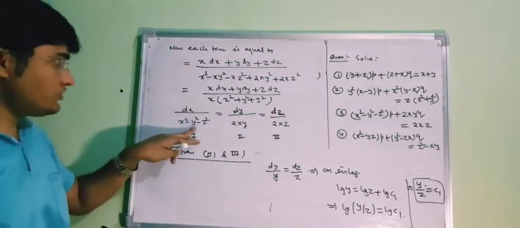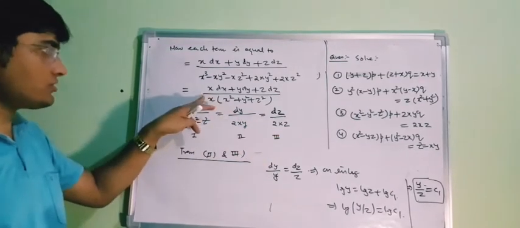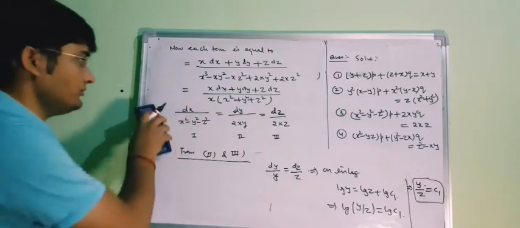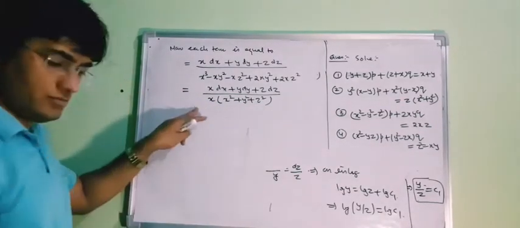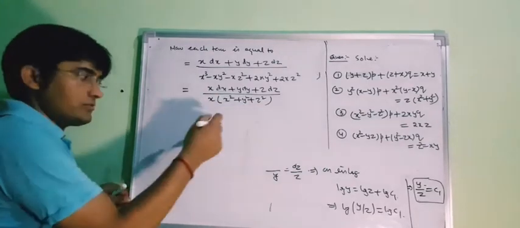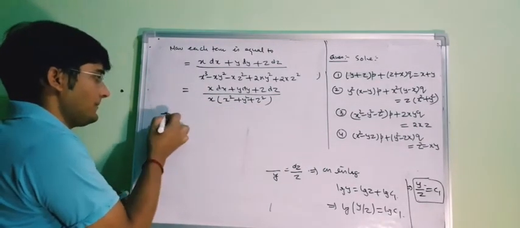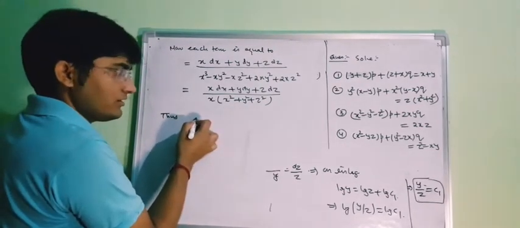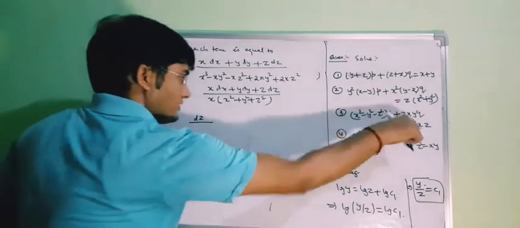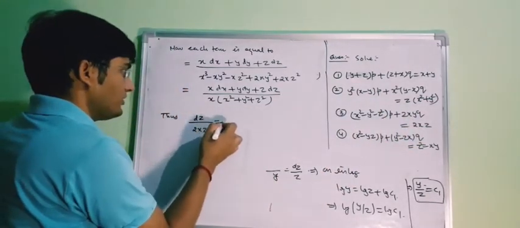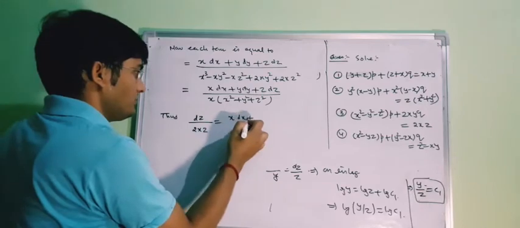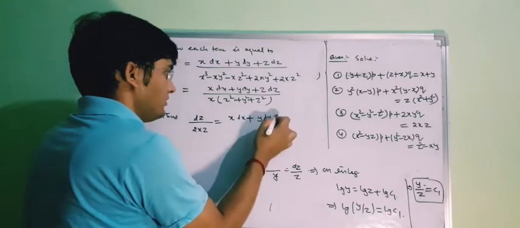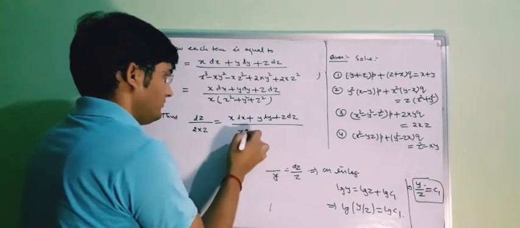Now each of these three terms is equal to this term, so we can take this term equal to any term. So let us take the third term. My third term, I think, was dz upon 2xz. So let us take this third term equal to this term, because in proportion all the three terms are equal to this term. So we have this thing.